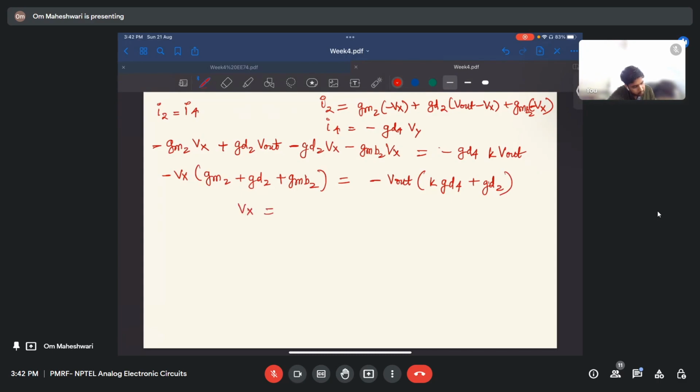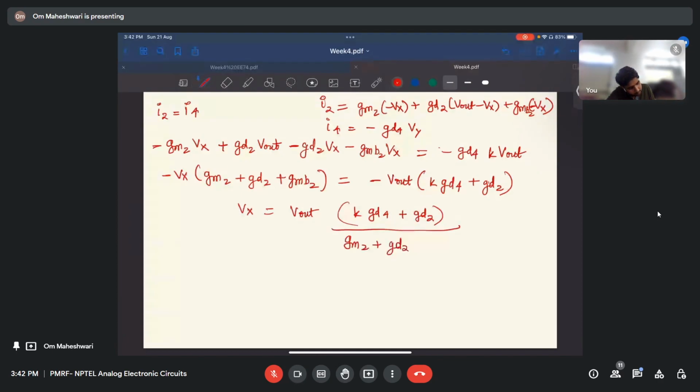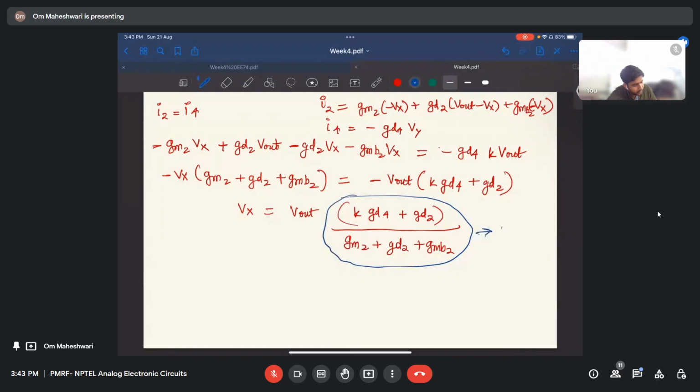So Vx equals to V out KGD4 plus GD2 whole upon GM2 plus GD2 plus GMB2. Now let us take this as another variable because it is too big. Let us take it as C. So Vx equals to CV out.